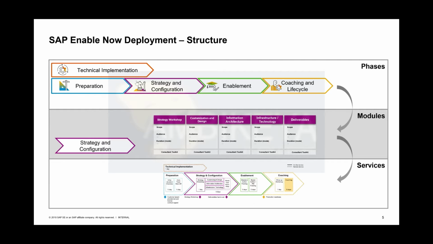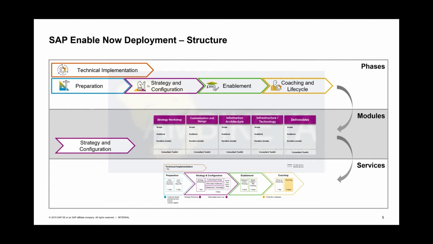This is where the majority of the work is done from a conceptual consulting perspective. All the configurations, all the technological enhancements, the strategy workshop as a starting point, everything like this is starting here, ending with a defined pack of deliverables like an authoring guideline, like checklists, etc. that kick off the enablement phase, where the authoring team or teams are being trained, and then we end up in the coaching and lifecycle phase, where we always have some kind of a recommended coaching budget, which you can consider as a buffer.